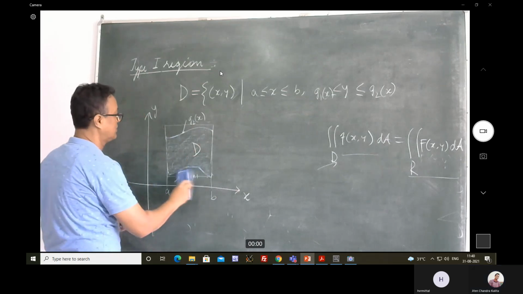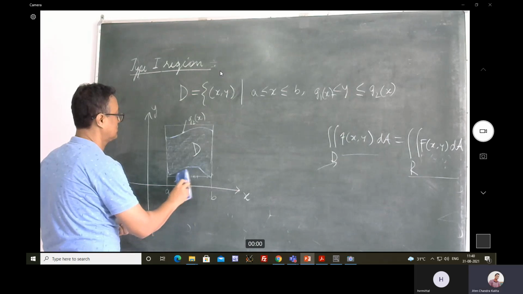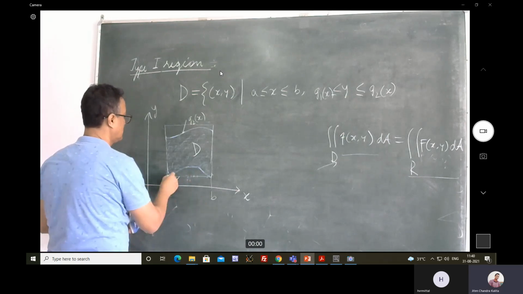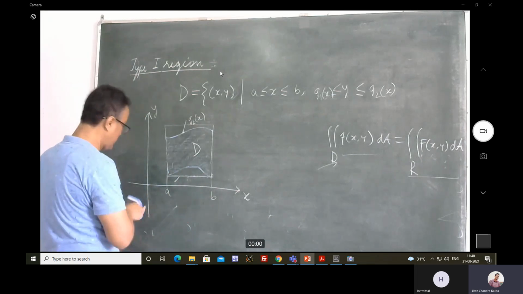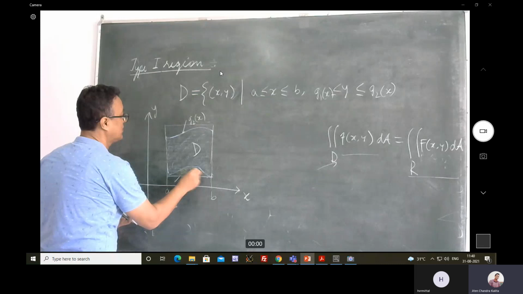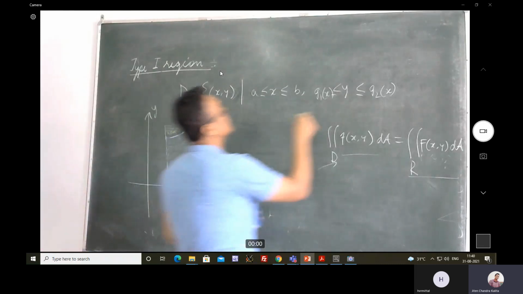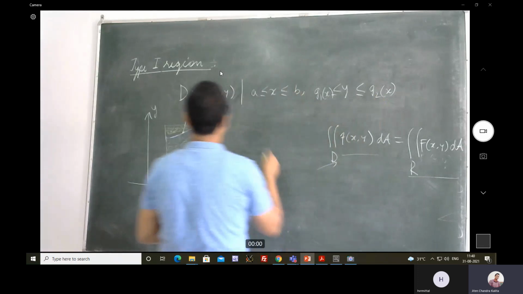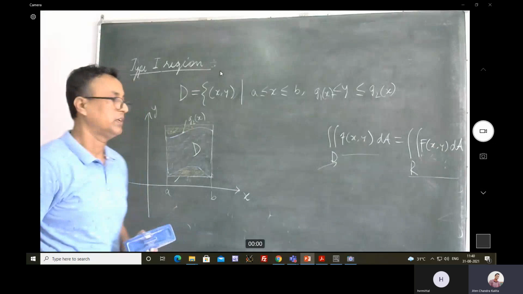So when y is lying between the graphs g1(x) and g2(x), then definitely capital F of xy is going to be equal to small f of xy.